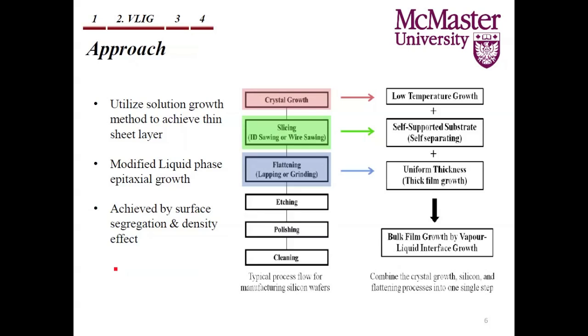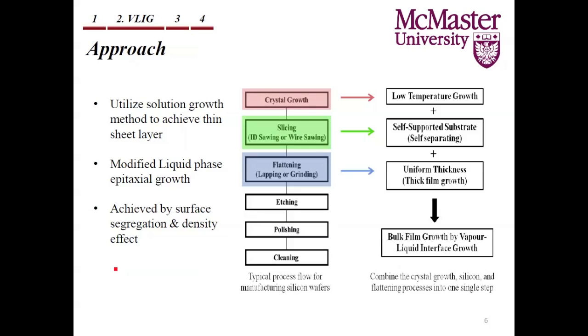In the slicing process, if we have a method to produce a self-supported wafer that we can just peel off, then we can eliminate the dicing or slicing process in the Czochralski or float zone process. And lastly, flattening. If our method is capable of producing a uniform thickness, it would be a great improvement, reducing the cost of flattening.